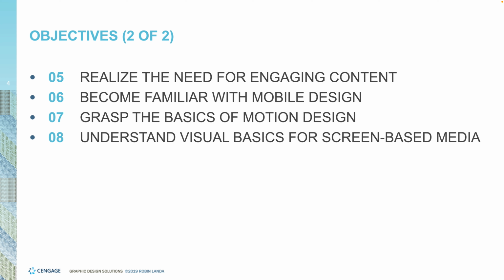As we start to work with it, everybody has some sort of mobile device. How do we start to work with items that used to be just web onto the mobile? And then also understand, when we start getting into the screen-based media, what happens with the basics.